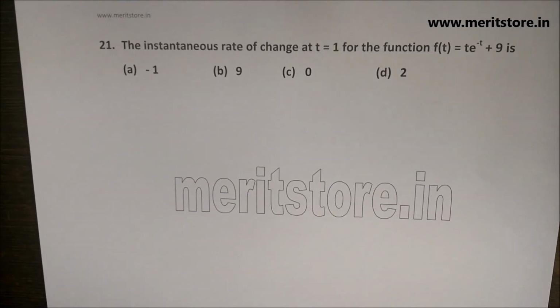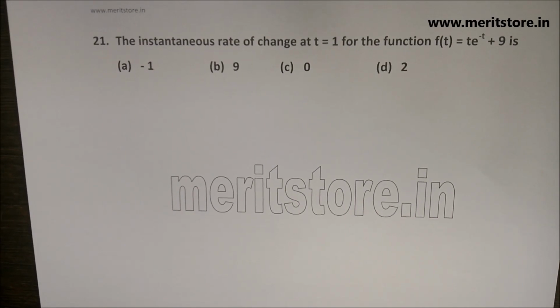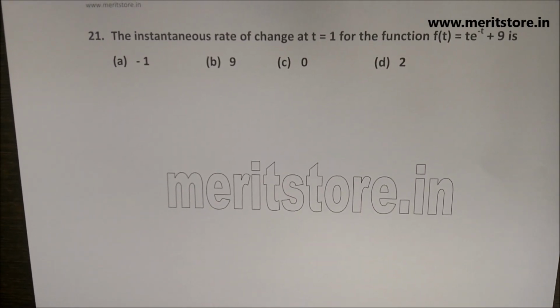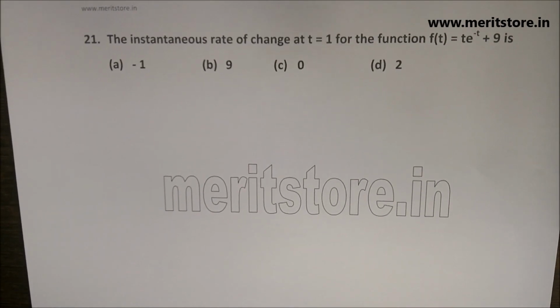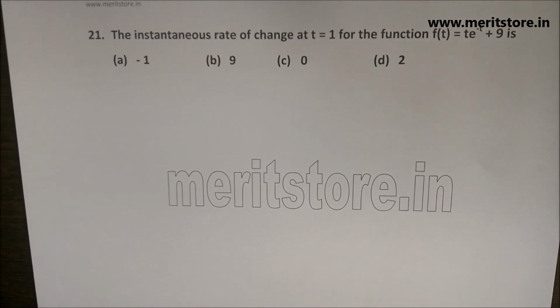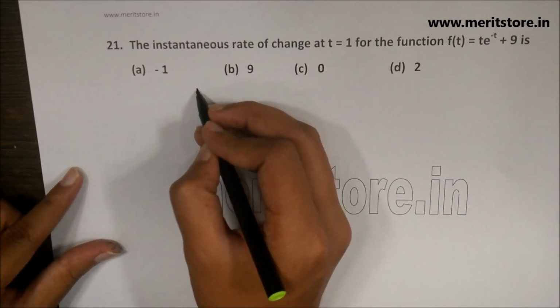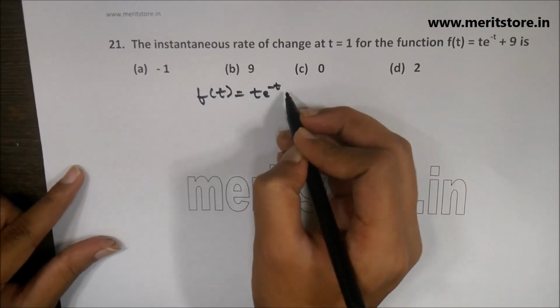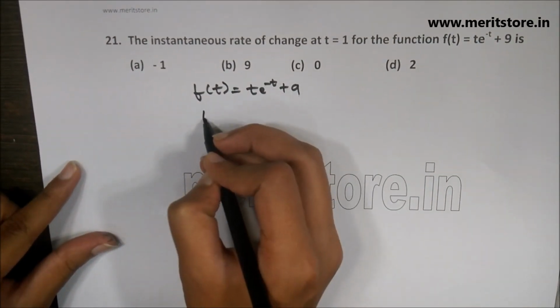21. The instantaneous rate of change at t equal to 1 for the function f of t is equal to t e raised to minus t plus 9 is: option A minus 1, option B 9, option C 0, option D 2. So our function is f of t equal to t e raised to minus t plus 9.